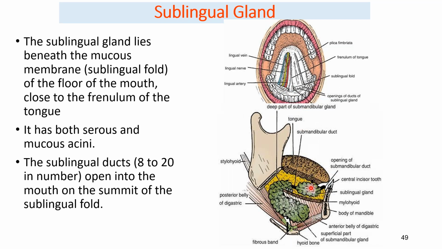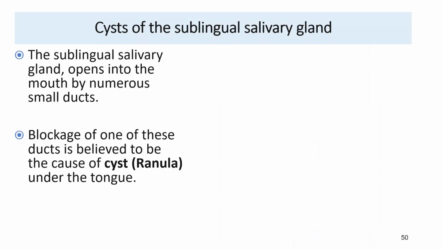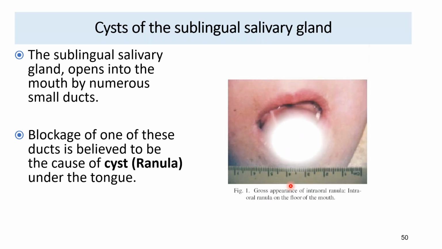This sublingual gland is related anterior to the deep part of the submandibular gland. When one of these ducts is blocked, it can lead to a cyst, the ranula, under the tongue.